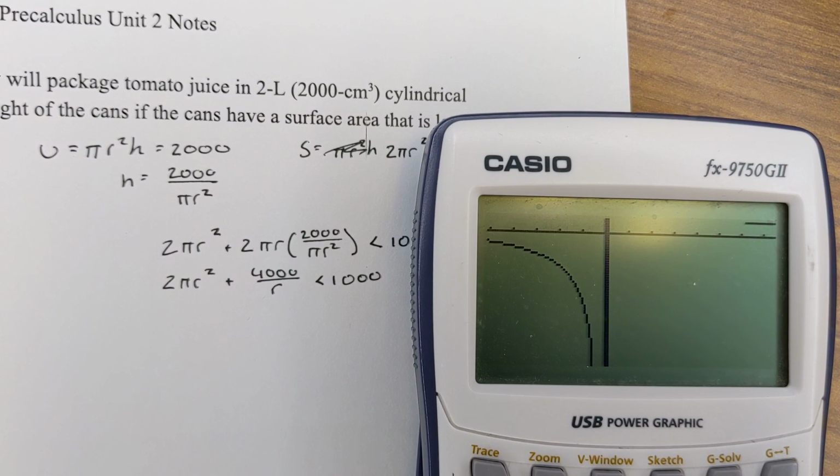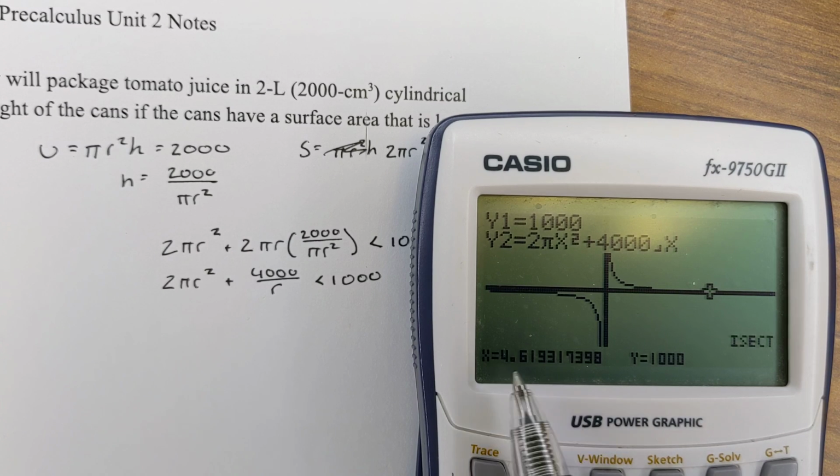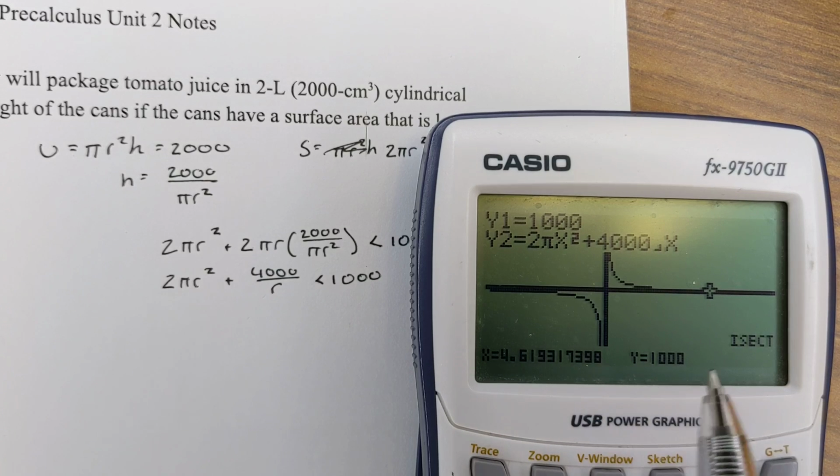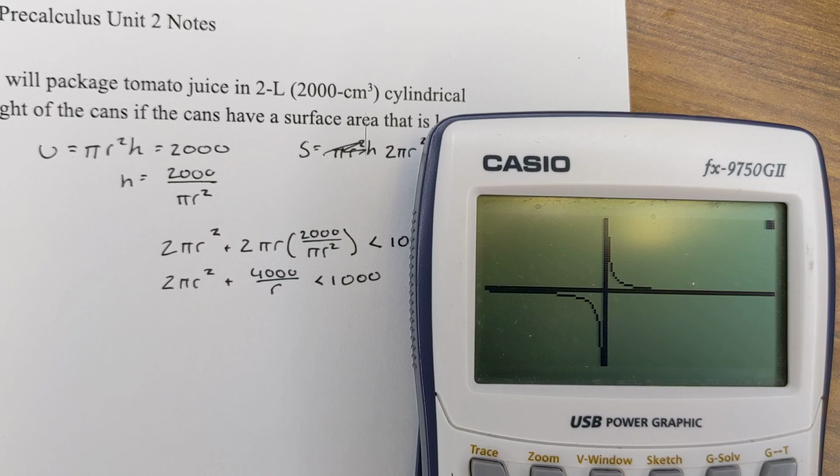Draw. Zoom auto. G-solve intersections. There's one there at 4.6.